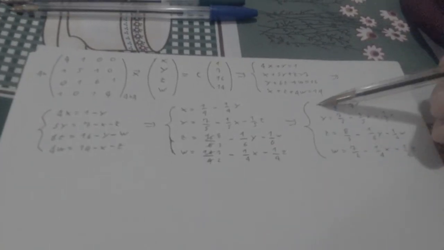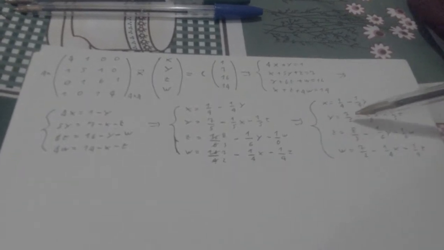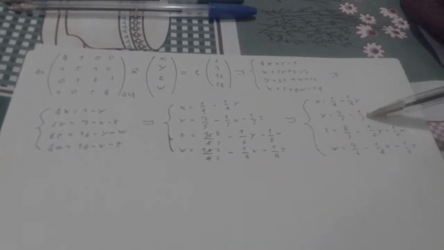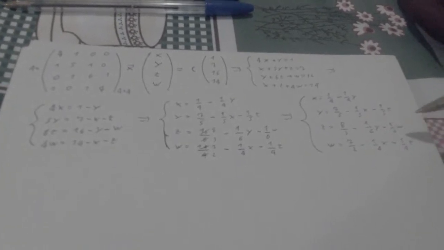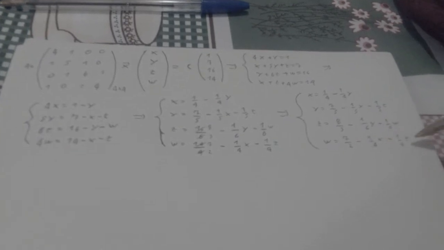Okay, so this is basically our system of linear equations. I basically got x in function of a scalar and y; y in function of a scalar, x and z; z in function of a scalar, y and w; and w in function of a scalar, x, and z. And now we can start our iteration.